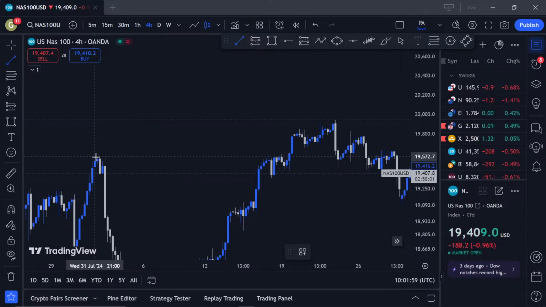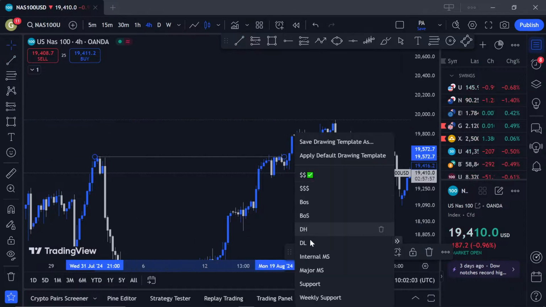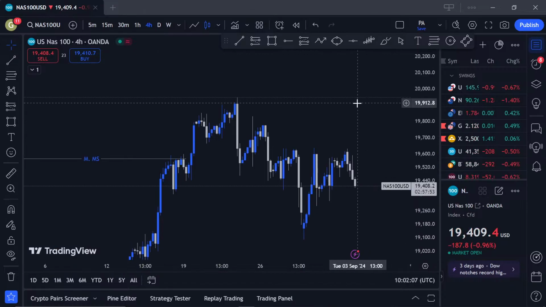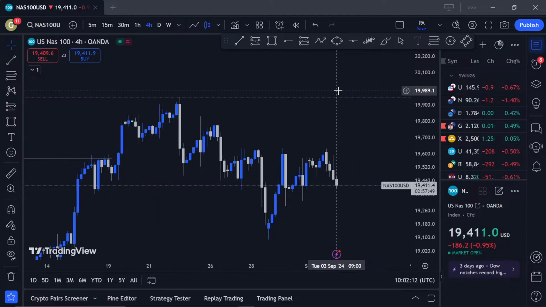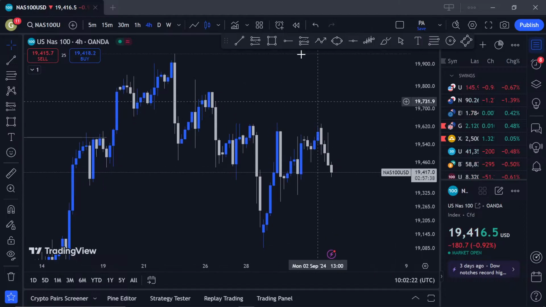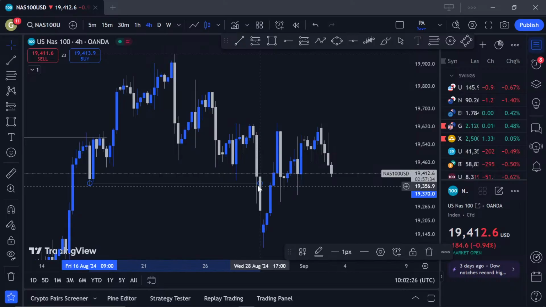Over here, the market gave us a shift to the upside, making us think we were going to take a buy trade. But eventually, the market changed direction to the downside. Later on, the market told us that it's not going to the upside, so it dropped to the downside here.